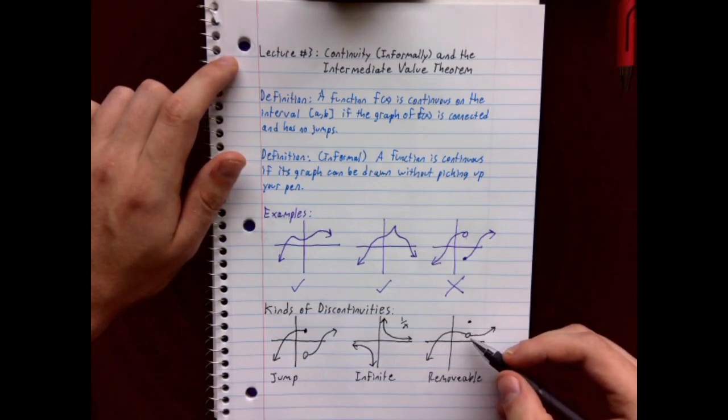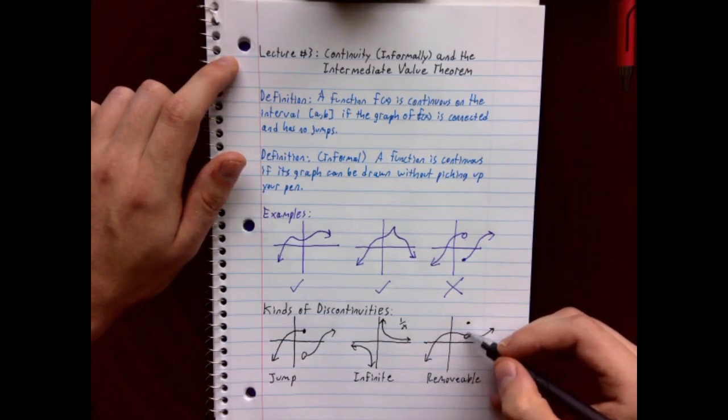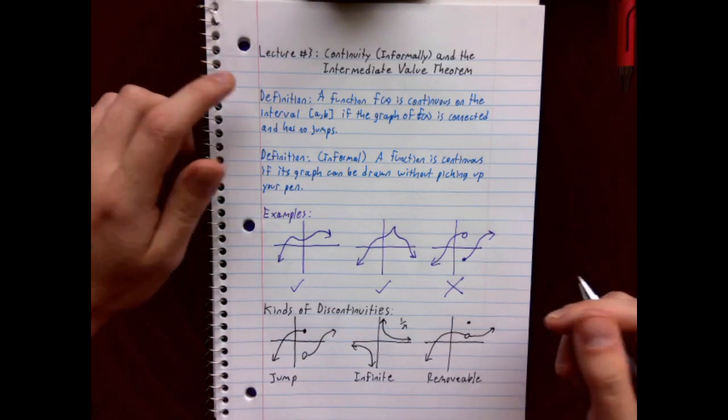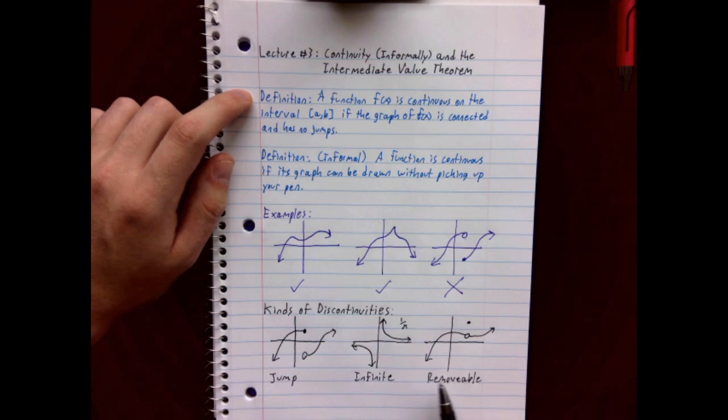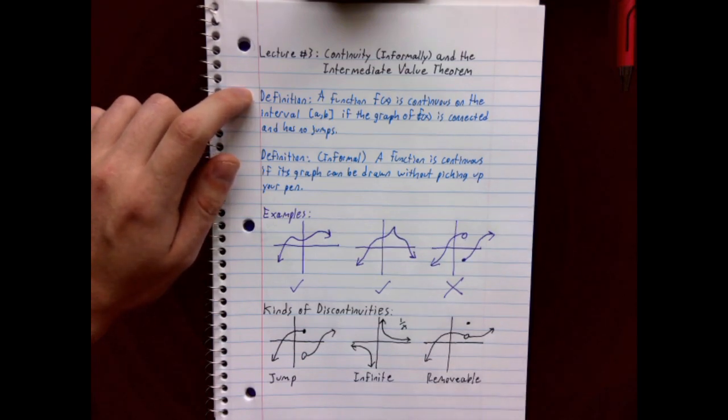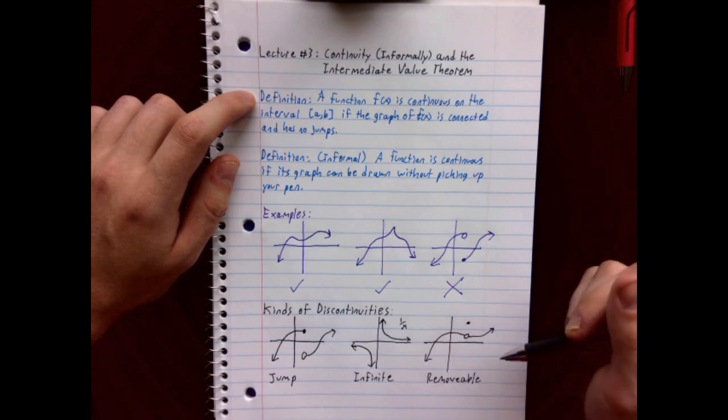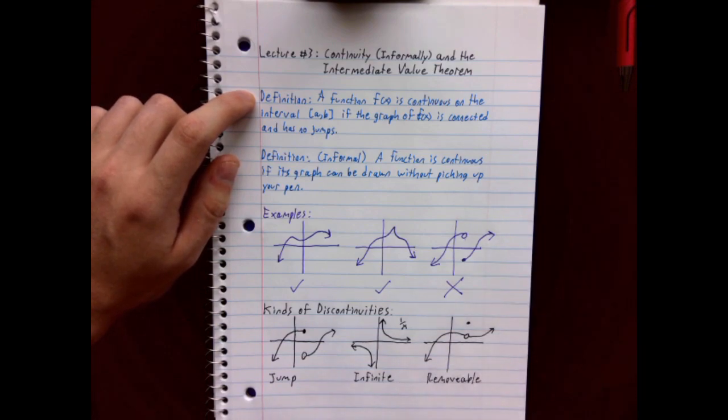So there's no real problem here. It's just at this one point the function is misbehaving, in a sense. These are the three kinds of discontinuities, and if the graph of a function exhibits any of these things, we say that the function is discontinuous. If it doesn't have any of these, we say that the function is continuous.